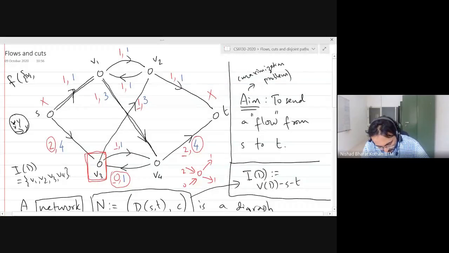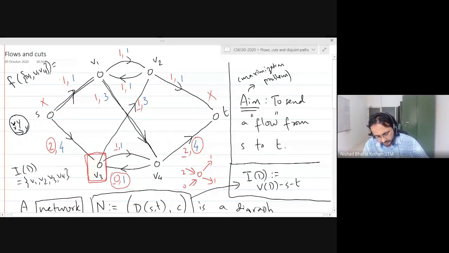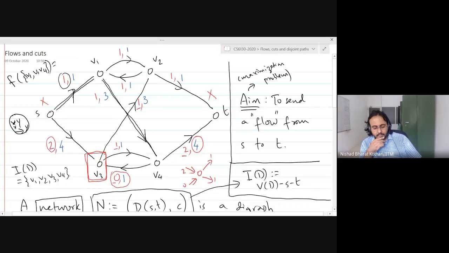So what is the function for SV1 and V1, V4? Note, remember that f here is the red colored numbers. Anyone?